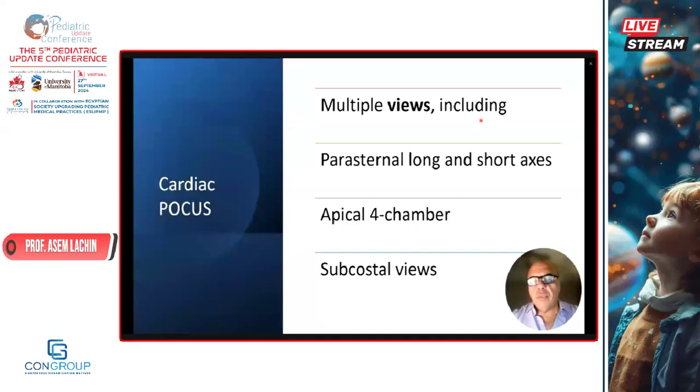For those views, we are again not looking for the detailed functional assessment of the heart. We are just going to look for the parasternal long and short axis and the apical four chamber. These are the main three views we are looking for. And some others can be done quickly, like the subcostal views, especially for assessment of central lines, if we have central lines under discussion.